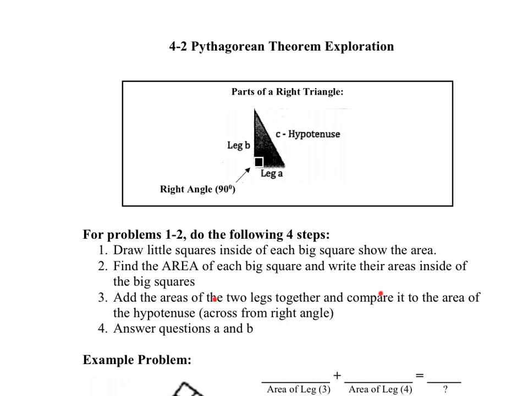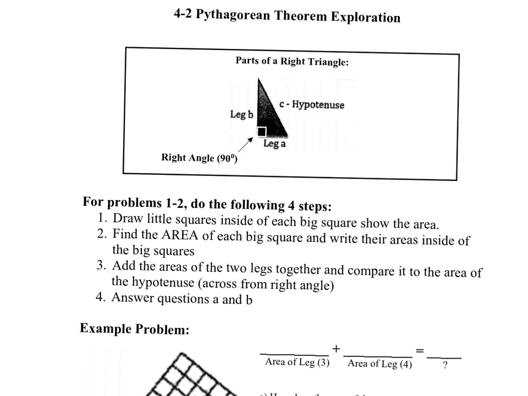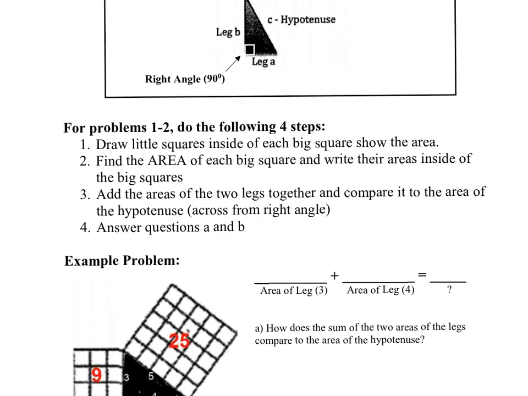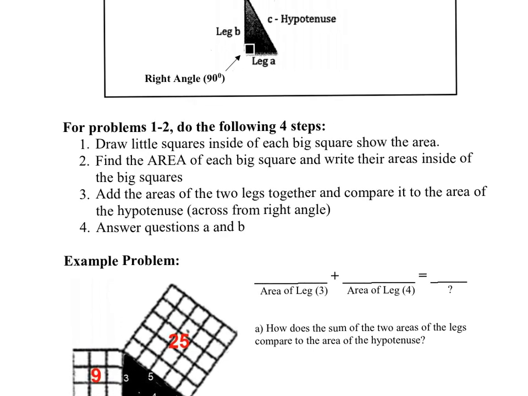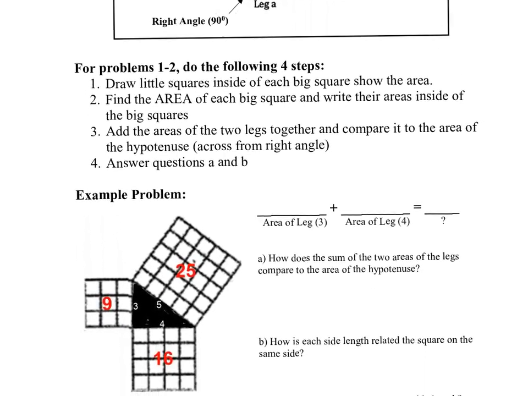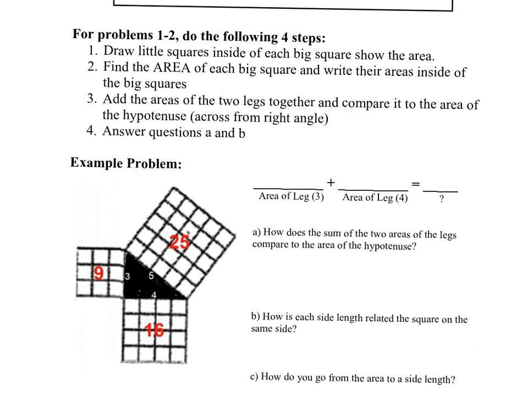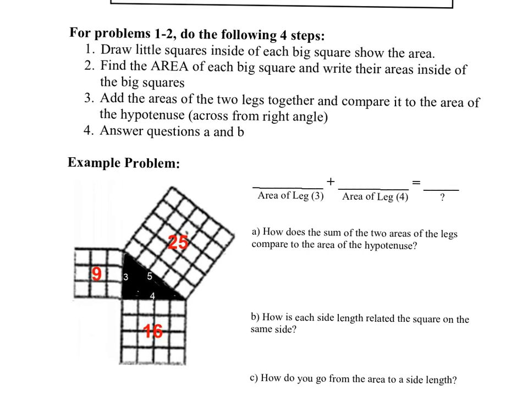So we're going to have some questions to answer, and for our questions it asks us to draw little squares inside of each big square to show area. So what that means is, like the example here, they knew that the side of this triangle was 3, so they made 3 rows of squares, and it's a square, so it means it's 3 by 3.